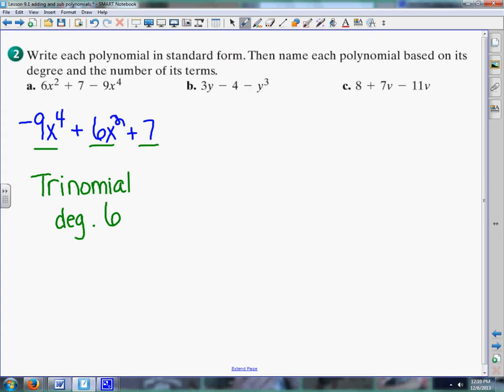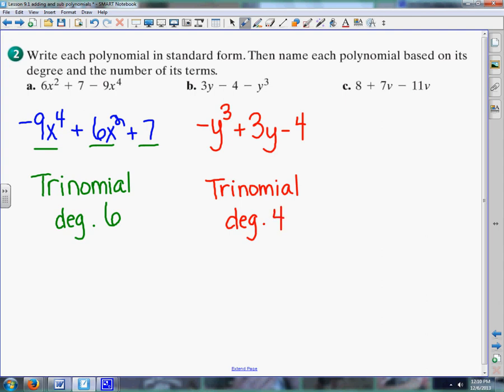So try B and C. In B, I have negative y to the 3rd plus 3y minus 4. So that is a trinomial. And its degree is 3 here and 1 here. So that would be a degree of 4.